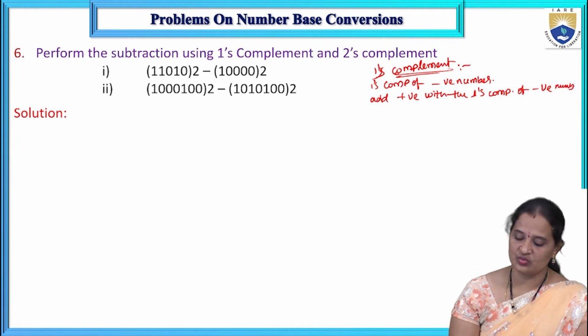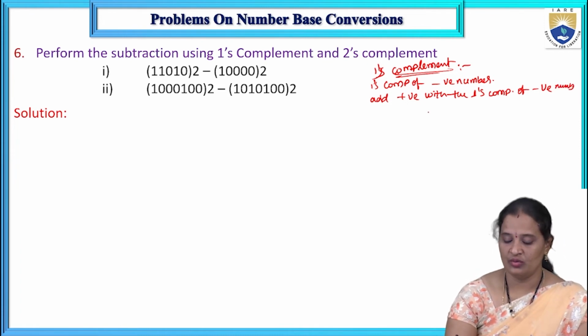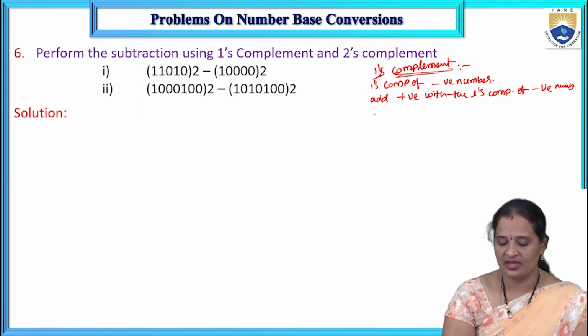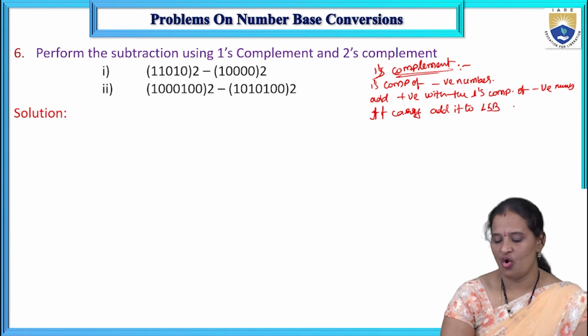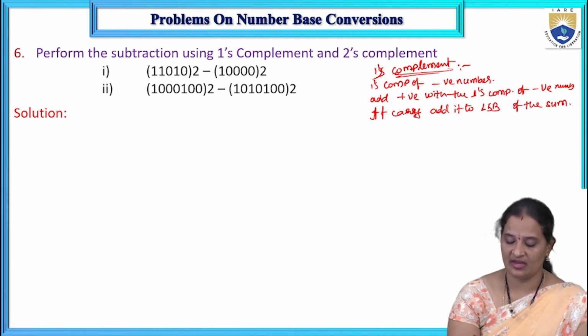While adding these two, if any carry results, add it to the LSB of the sum. LSB means least significant bit.